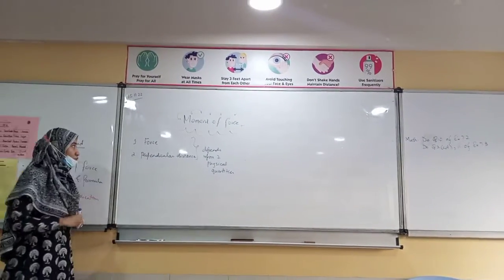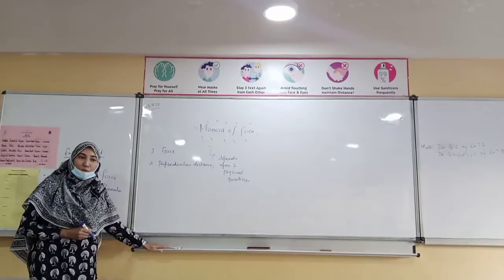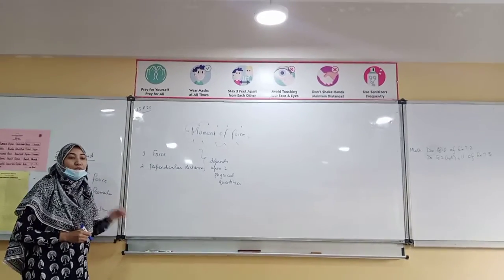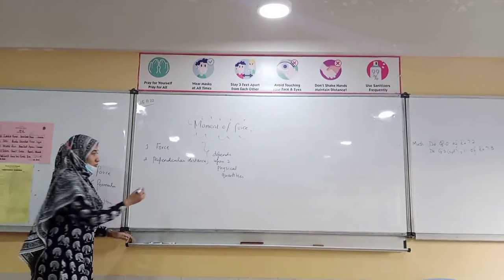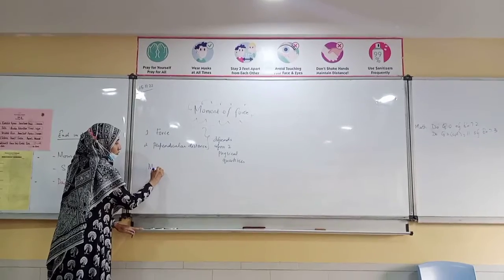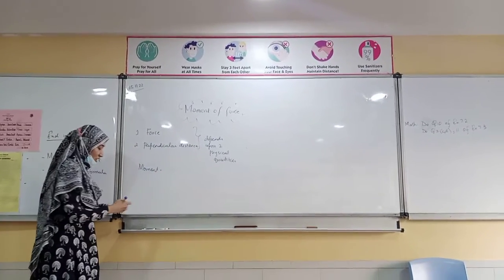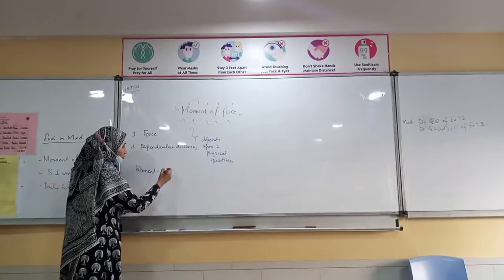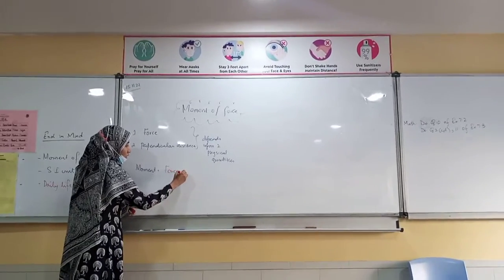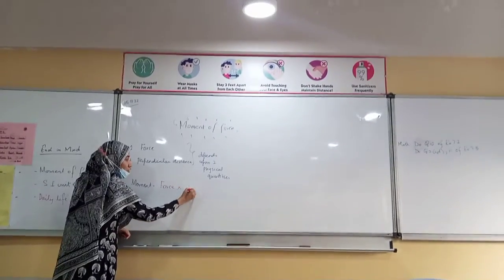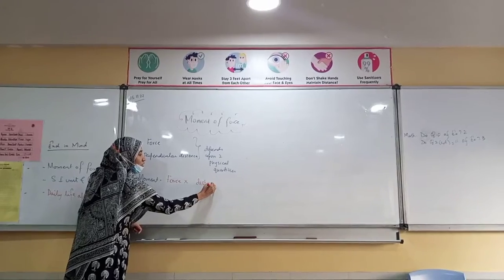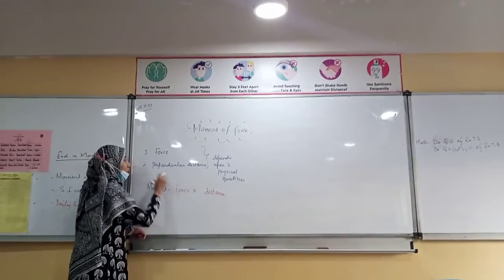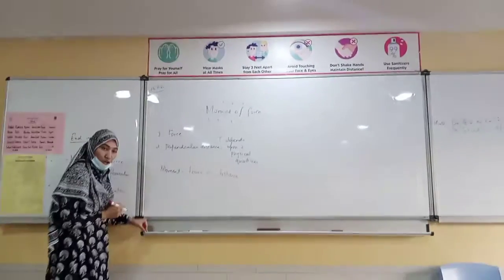Alright. So, when we are talking about moment of force, how would you write down its formula? Very nice. Moment equals force multiplied by distance. This distance is going to be which distance? Perpendicular distance. Are we all clear about this?